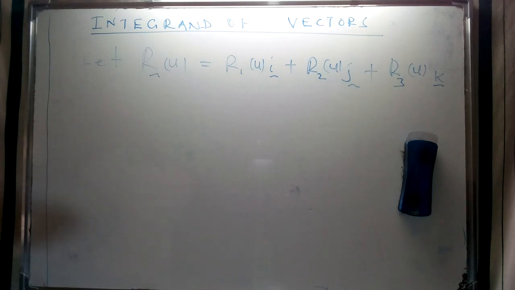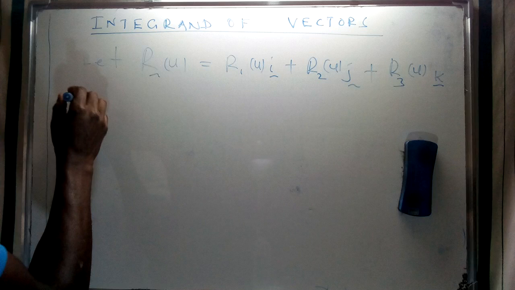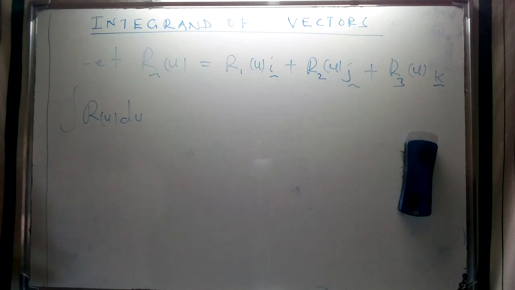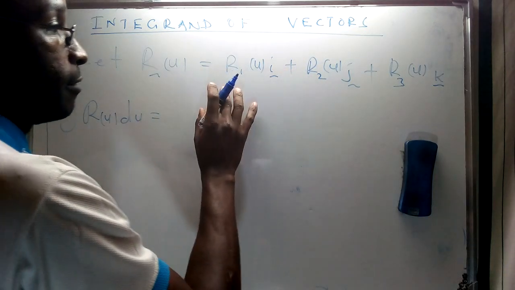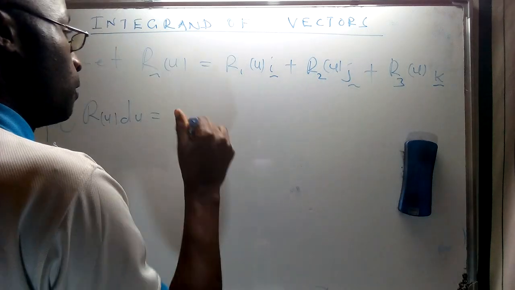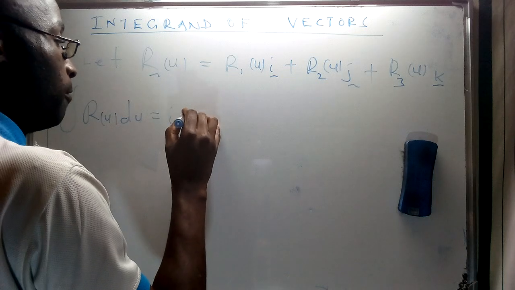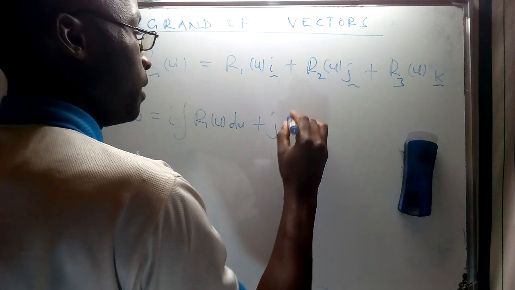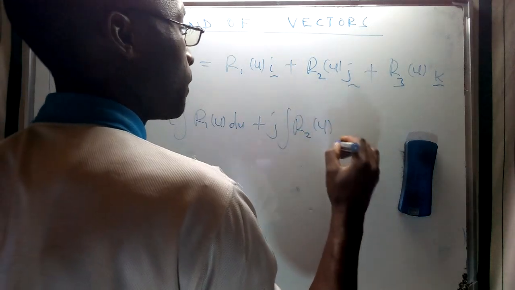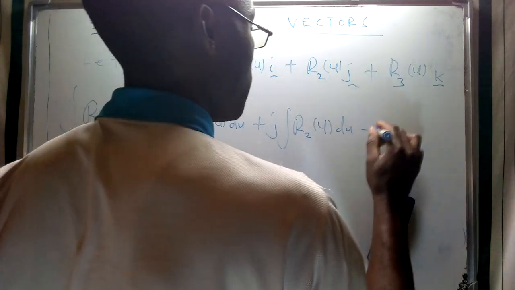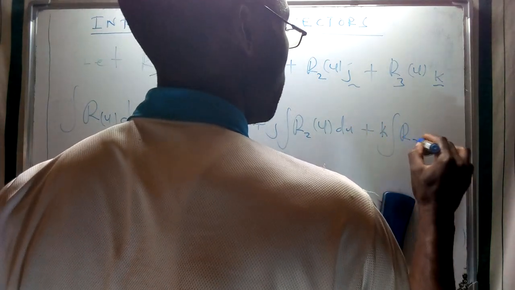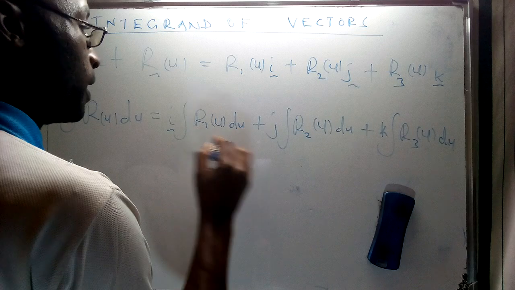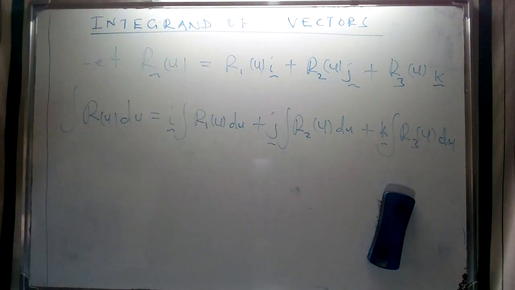So we can consider an integral of such a kind of vector by giving it as the integral of R(u) du, given as the respective elements that are continuous in this specific interval, whereby we're going to have i times the integral of R1(u) du plus j times the integral of R2(u) du plus k times the integral of R3(u) du, where i, j, and k are vector components as mentioned earlier.